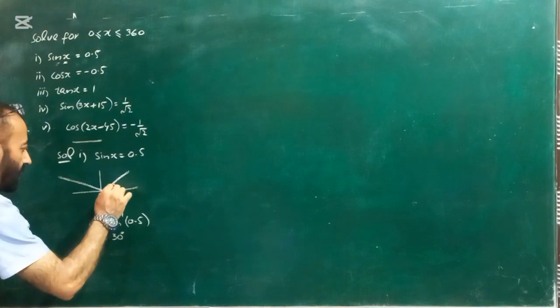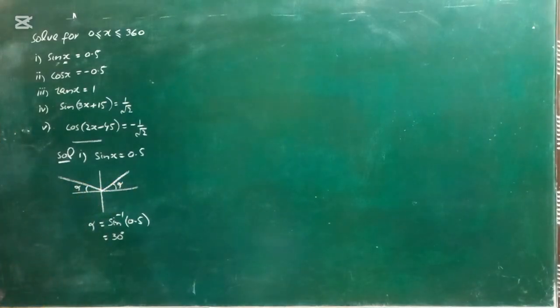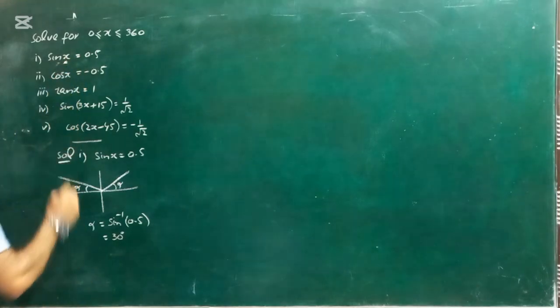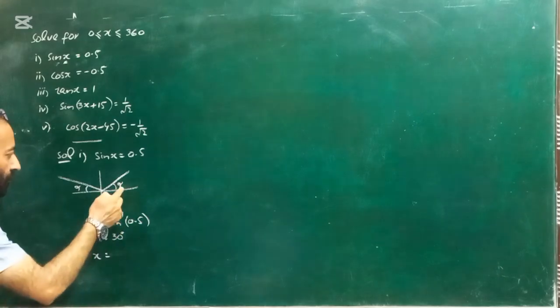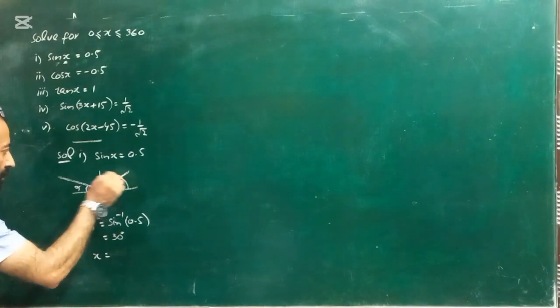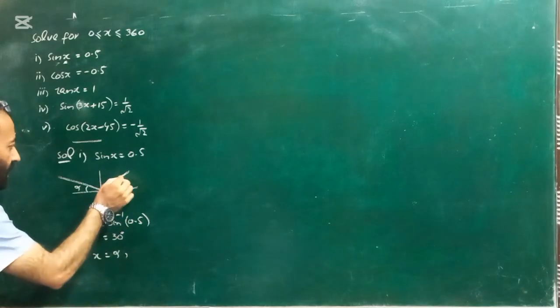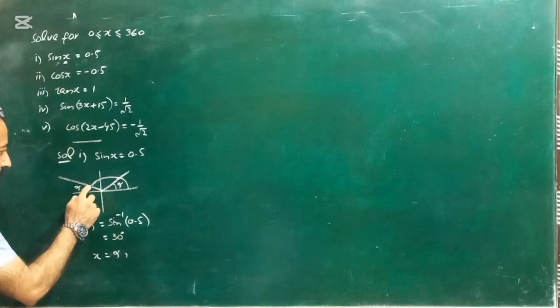So it means this is alpha and this is alpha. Okay, now you have to find the original angle, that is x. So x will be equal to, you have to move from 0 degree. So when you will move from here to here, it will be equal to alpha. And when proceeding further, this angle will be equal to 180 minus alpha.